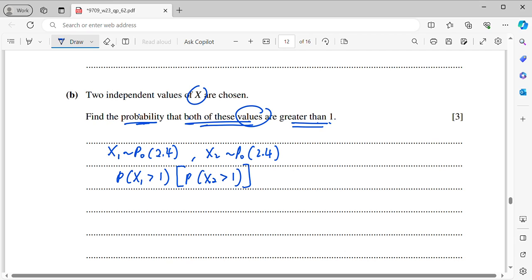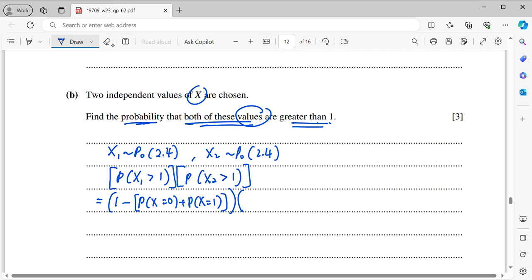Alright, so from here, to get the probability greater than 1, it will be 1 minus (P(x equals 0) plus P(x equals 1)). So you subtract these two values.